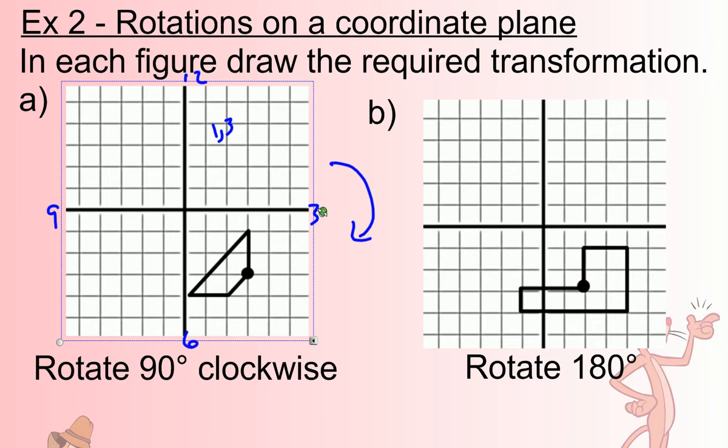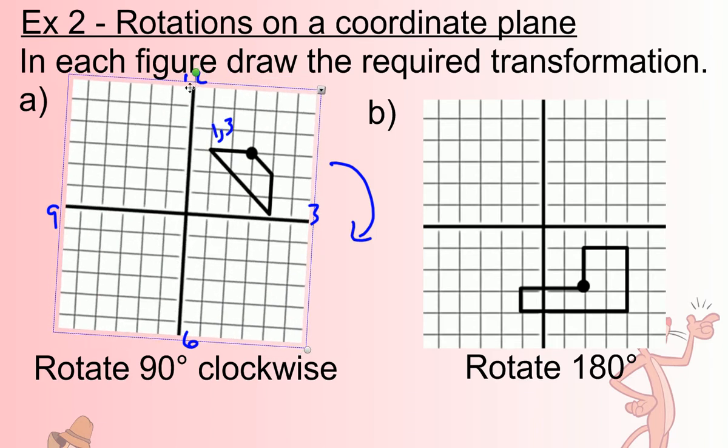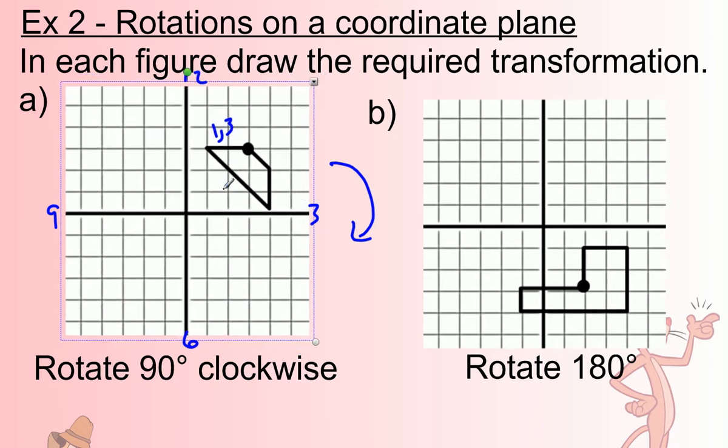It's right here. So that same point is going to go to 3, -1. Down, and over, and over, and up. This would be a rotation.